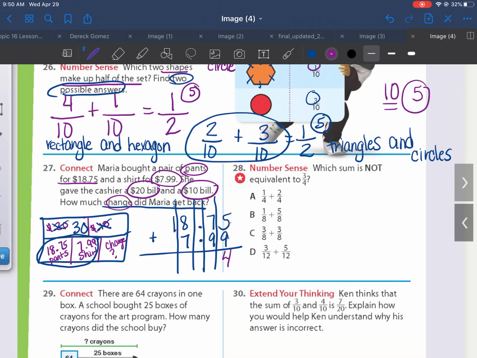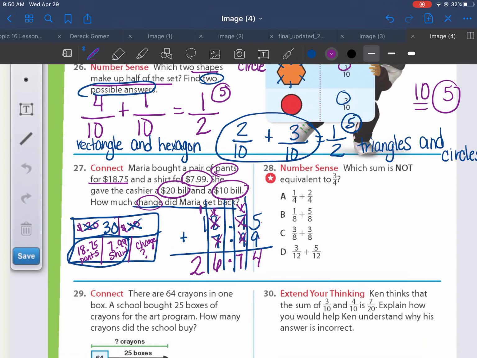So I'm going to start with 9 plus 5. 9 plus 5 is going to be 14, sorry. 9 plus 1 is 10. Plus 7 is 17. 1 and 7 make 8. 8 and 8 is going to be 16. 1 plus 1 is 2. So she spent $26.74.